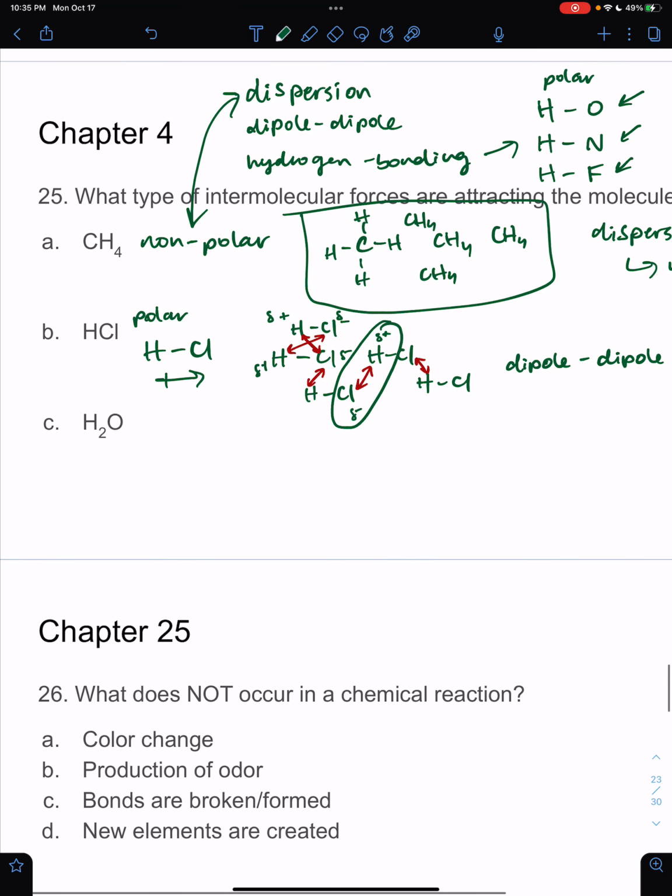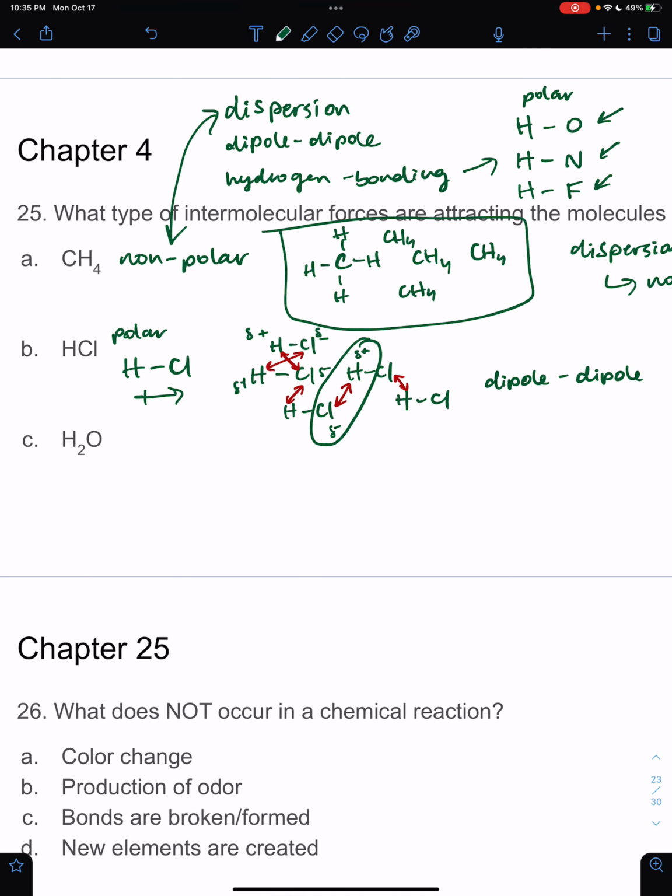So then looking at H2O, this one's going to be very similar to dipole-dipole, except it's special because it's a hydrogen attached to an oxygen, which is one of our conditions. So these three are just ones you have to remember.